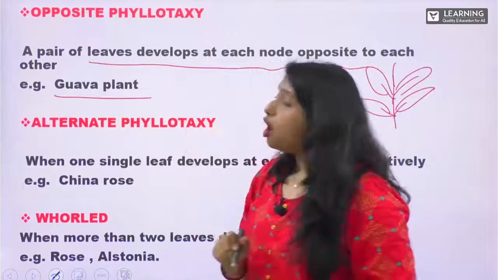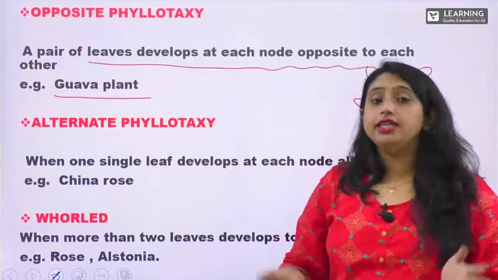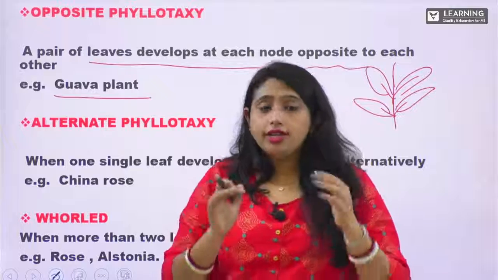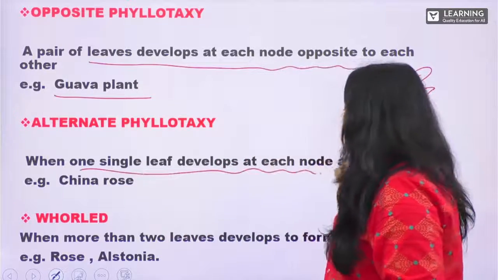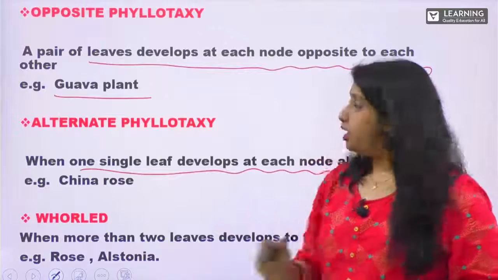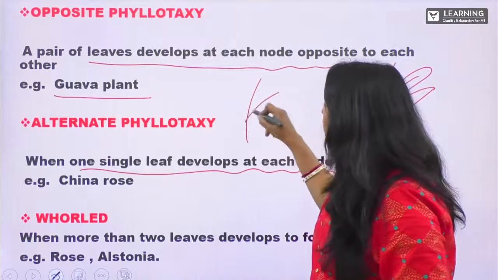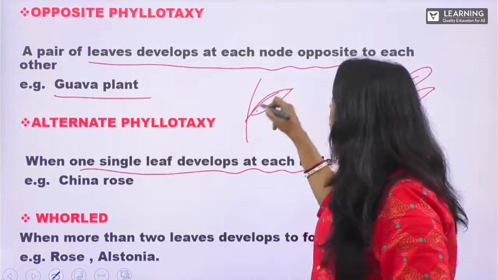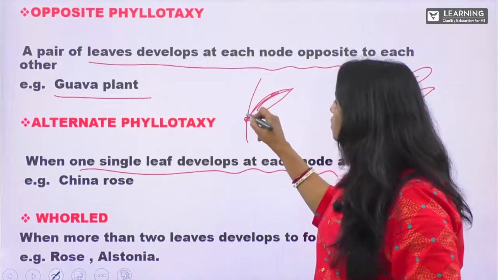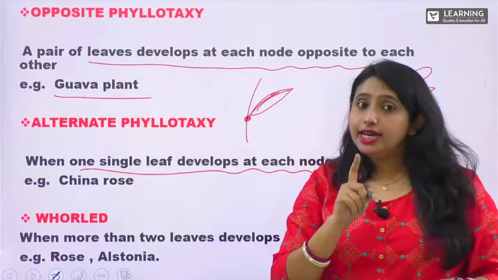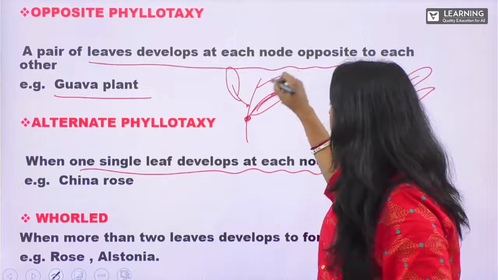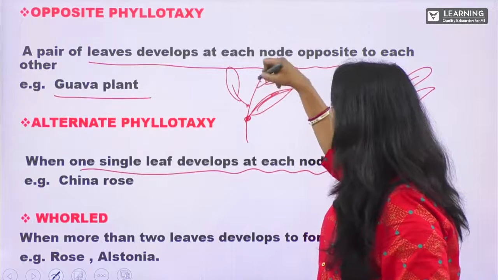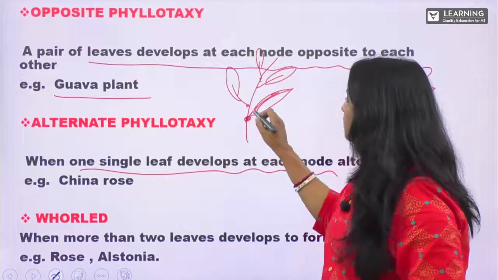Now what is this alternate phyllotaxy? You have seen that the leaves are arranged in an alternate manner, right? You know that the leaves are developing from the nodes, isn't it? So when one single leaf, here one leaf, then here one leaf, it is arranged in an alternate manner, isn't it?